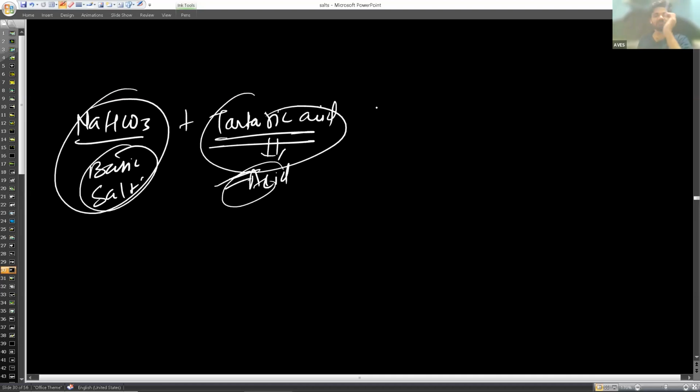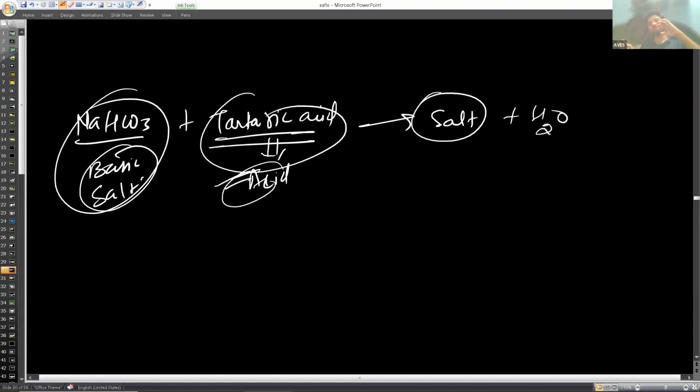So base plus acid will give you salt plus water, and salt does not have a bitter taste. So when tartaric acid is added to baking soda, it will neutralize its bitter taste.